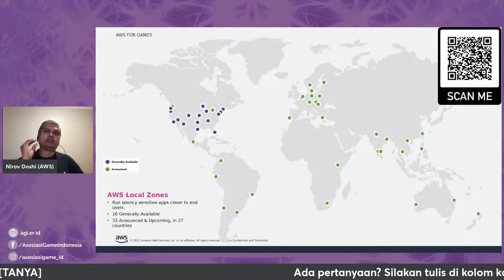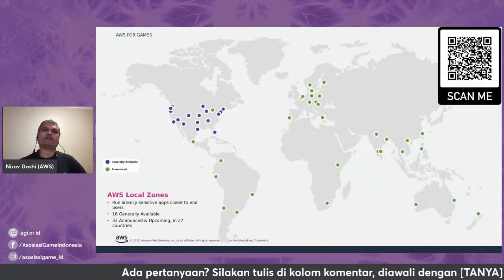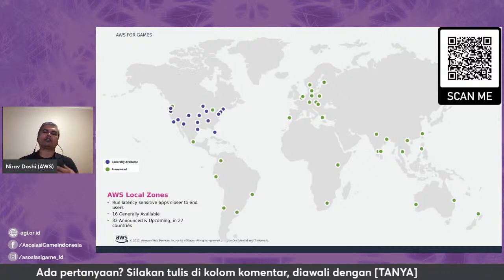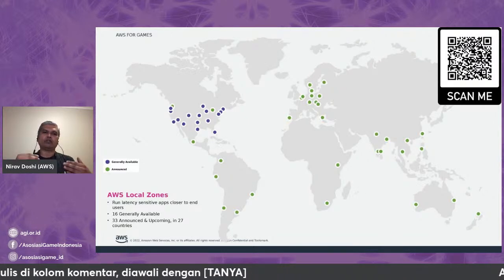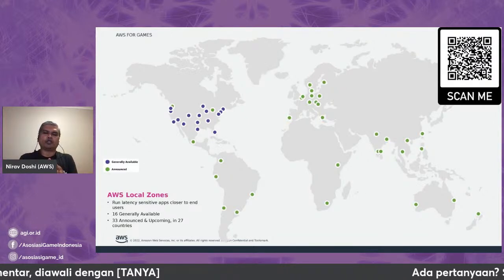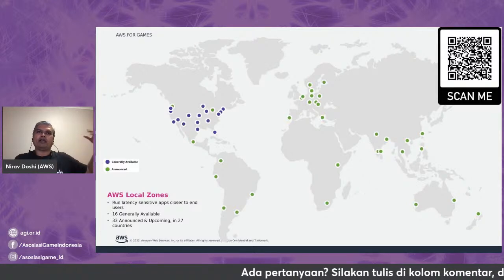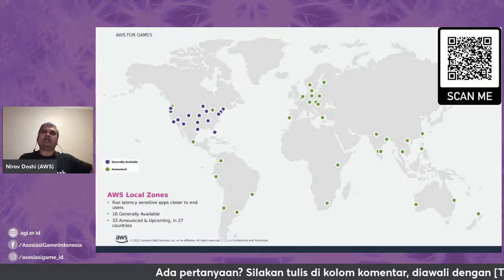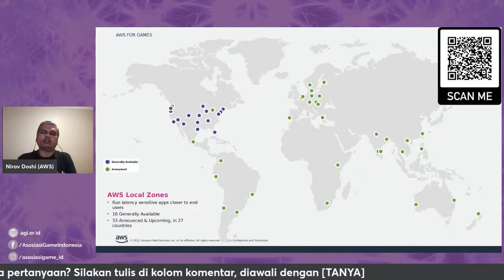In addition to regions, we also have a concept of local zones, which is like an extension of the region that goes closer to your players. There may be a region in a certain city, but your players may be remote and have connectivity issues getting a good quality connection to the region.